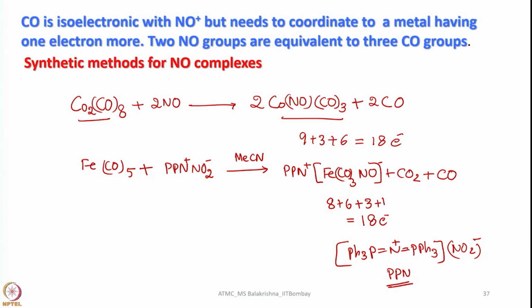Let us look into a couple of more methods of preparation of nitrosyl compounds. Let us consider now a very different one. So far we discussed 2 metal complexes in 0 valent state. Now let us go to another metal in high valent state, osmium tetroxide. In osmium tetroxide, osmium is in +8 state.